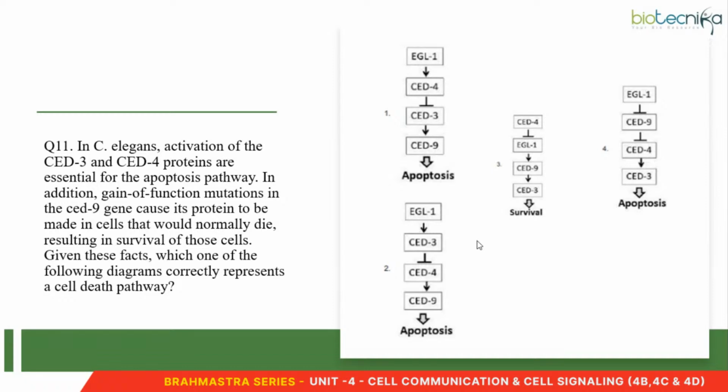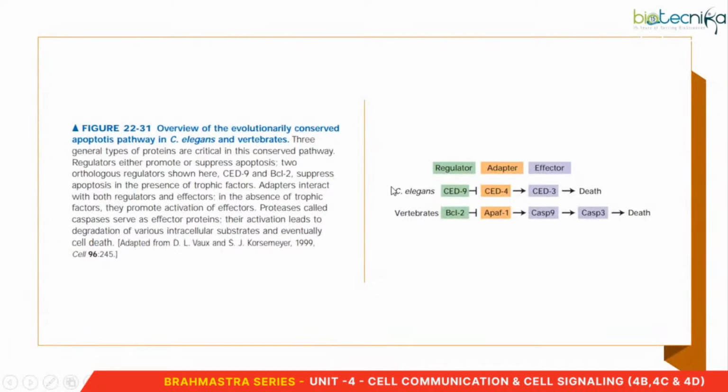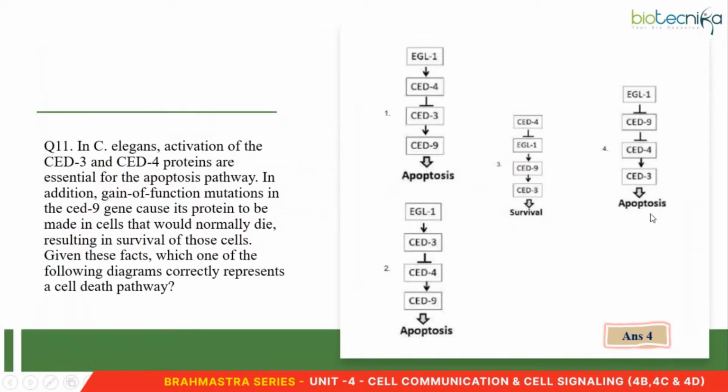All you need to remember is this flow chart. Who is the regulator? Who is the adapter? Who is the effector? The regulator is the controlling factor, like the BCL2 family proteins. Set 4 is the adapter, like your APAF1. And set 3 is the effector, like your initiator caspase and executioner caspase. So based on that, you'll get the answer 4. Okay, so EGL1 is the response in C. elegans.